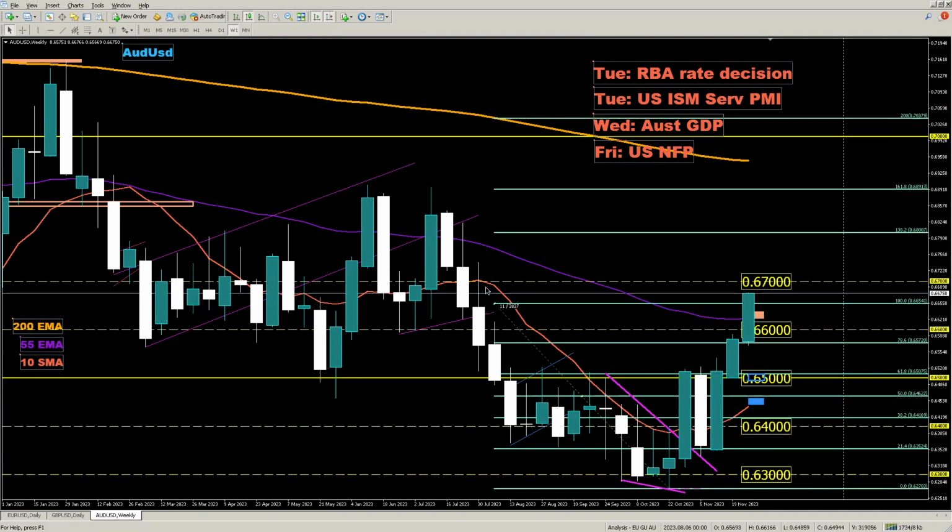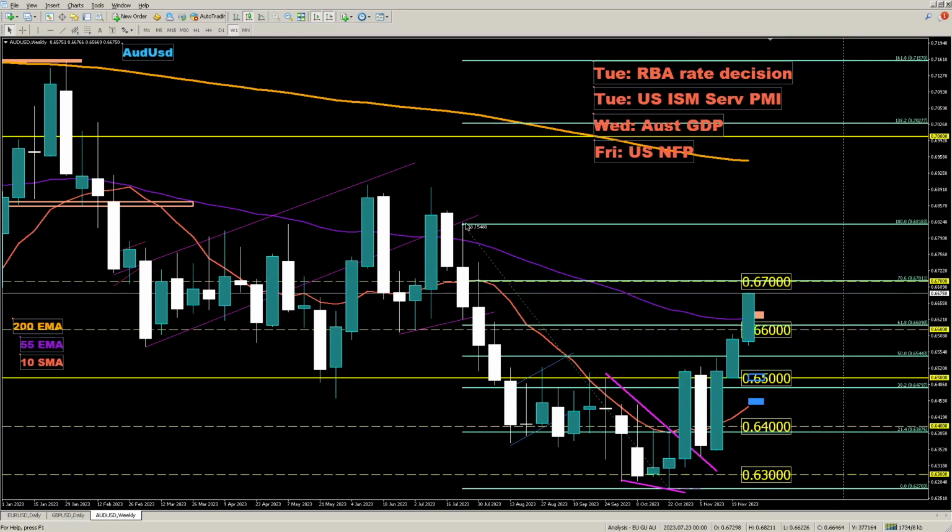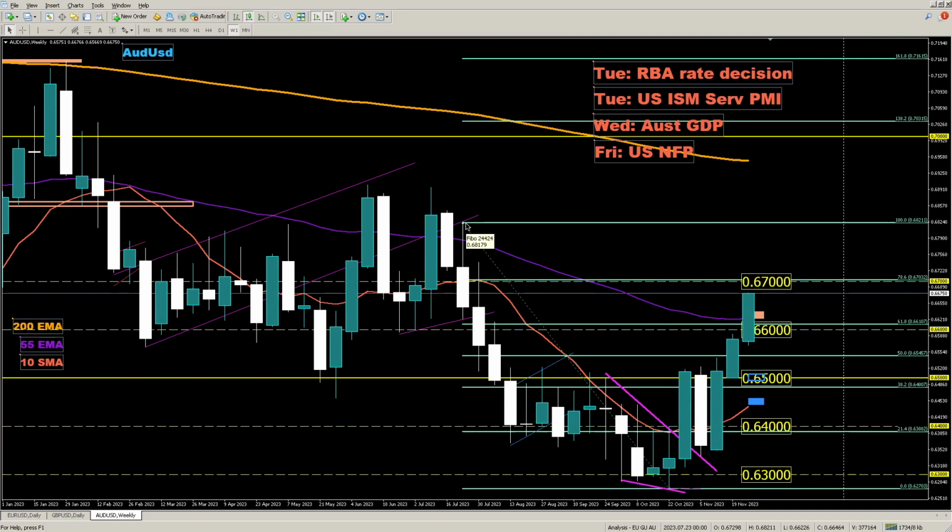Now we'll see if we need to move this fib higher to possibly this area where it aligns with the 67 round figure.